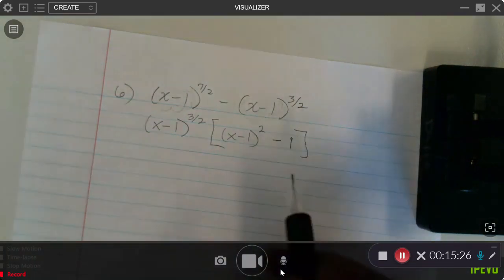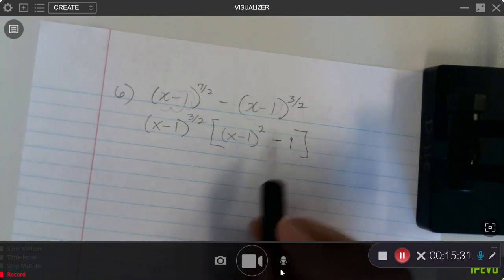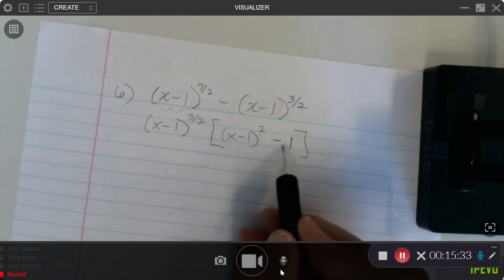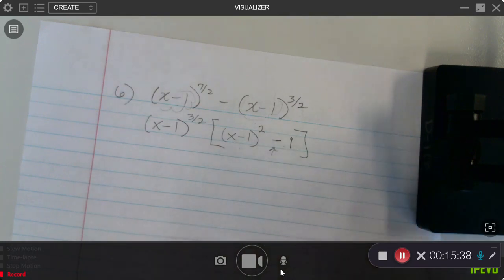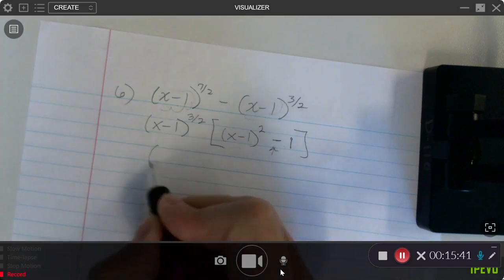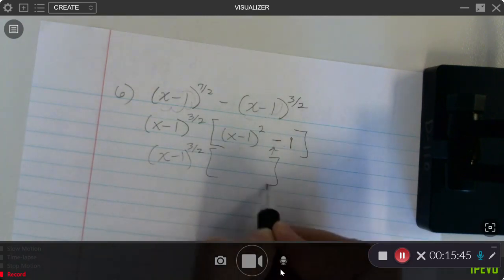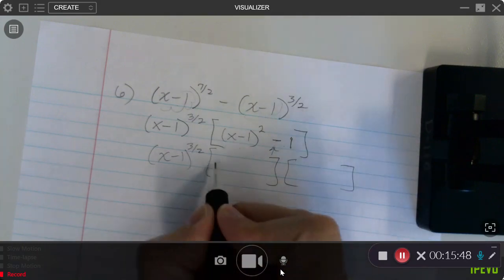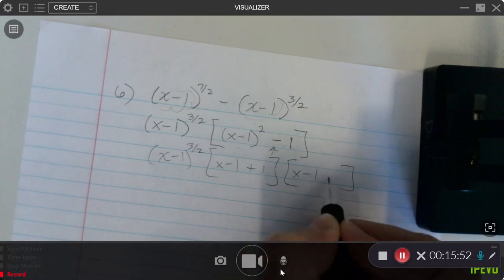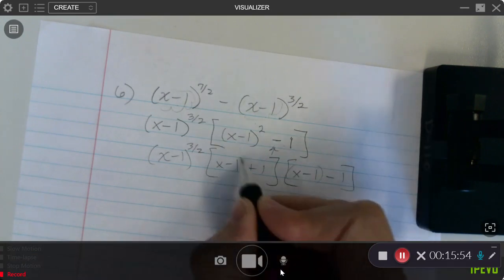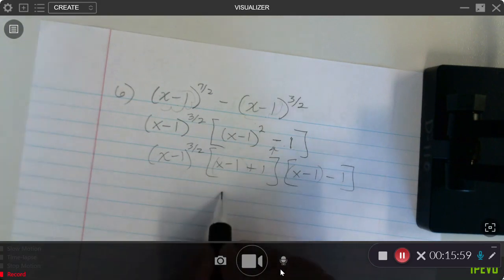Now, obviously, you could FOIL that out and combine like terms, but does anybody recognize this? Difference of two perfect squares. Keep factoring. X minus 1 plus 1 and x minus 1 minus 1. But minus 1 plus 1 goes to 0, right?